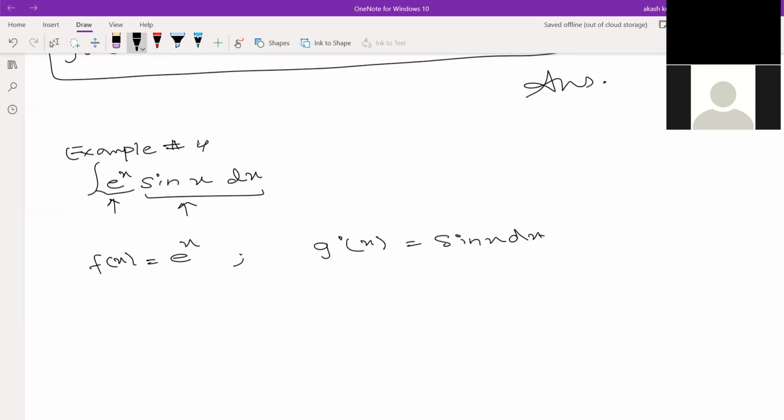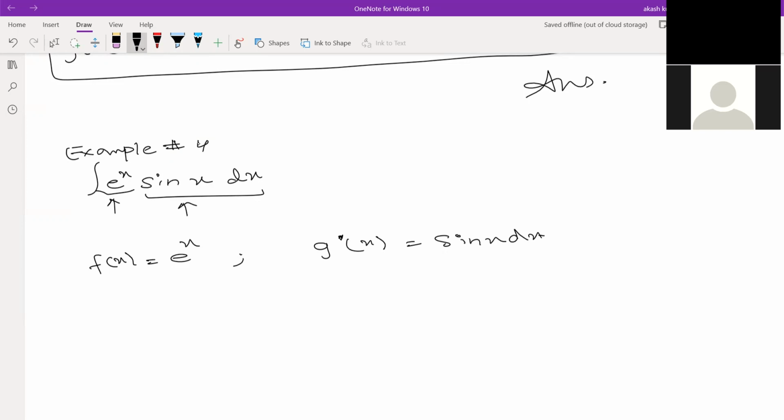We will be doing it both ways, once trying f of x as e^x, and the second time trying f of x as sin x dx. Why? Because both functions are irreducible. So okay, let's check that.